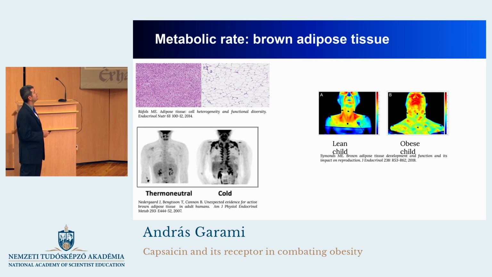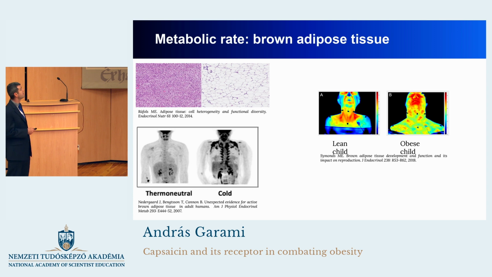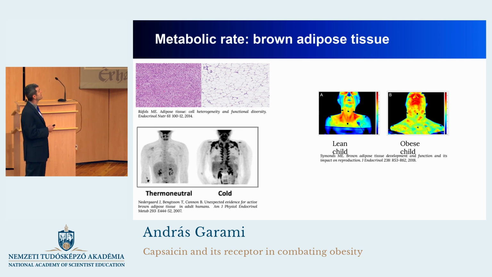The role of brown adipose tissue was well established in small animals and newborns until 2007, when it was shown that also in adult humans there are substantial brown adipose tissue depots, which you can see as the black areas in this picture.